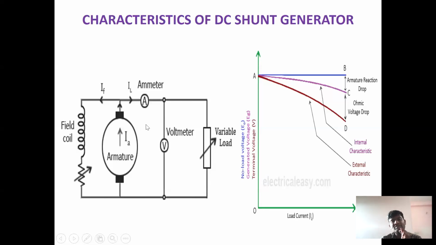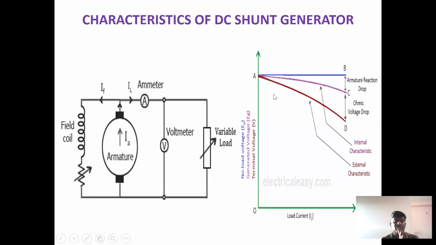Initially we have some armature reaction drop, and after that we get more voltage drop due to the load. That's why the terminal voltage is lower than the internal voltage characteristics. So the external characteristics are plotted as terminal voltage versus load current. If the load current increases, the terminal voltage decreases from the constant voltage to a minimum value.